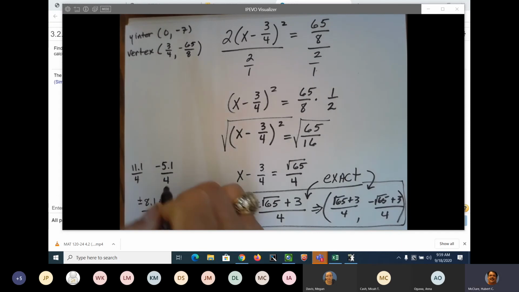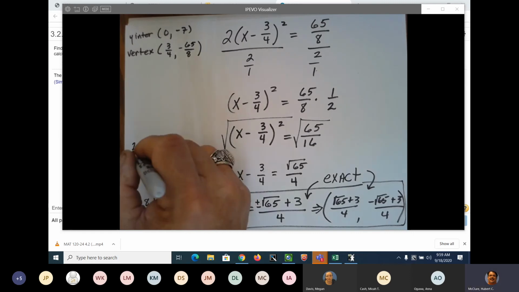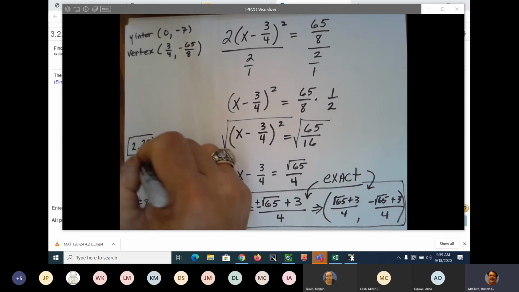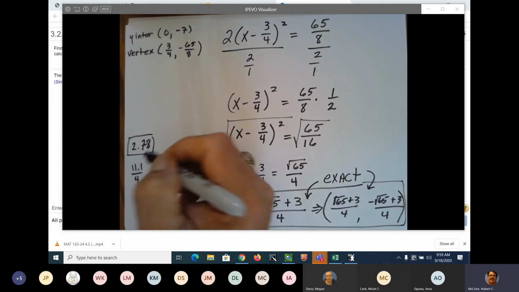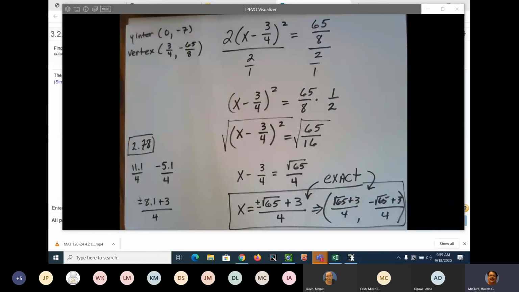Well, 4 will go in there 2 times, and that'll leave, let's see, 3.1. That'll be almost, we'll say 7/8. Because 2.8 would be 11.2. So I'm going to say 2.78, and I could be wrong.